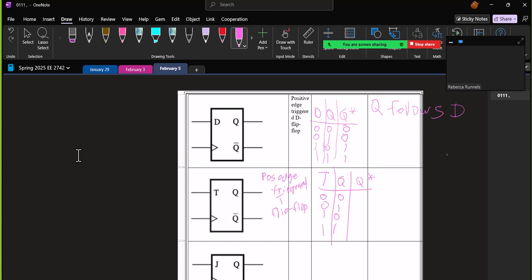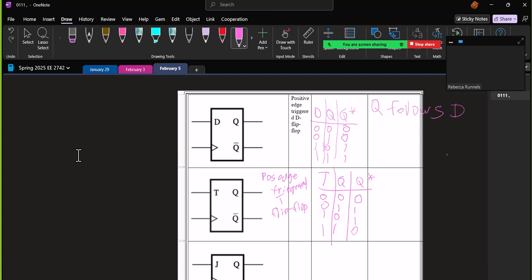So it does depend on what it was before. So when T is 0, the value of Q is whatever the value of Q was before. So if Q was 0, the next value of Q is 0. If Q was 1, the next value of Q is 1. So for a T flip-flop, when T is 0, it's unchanged. When T is 1, the value toggles. So if T is 1 and the previous value is 0, then the next value is 1. And if T is 1 and Q is 1, then the next value is 0.